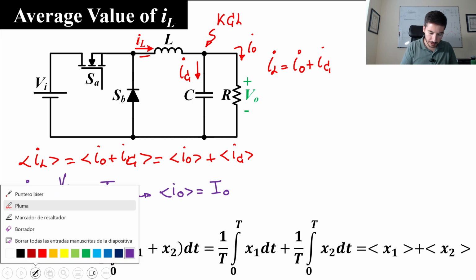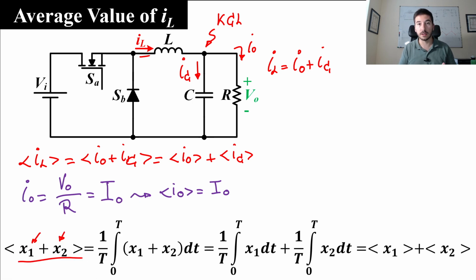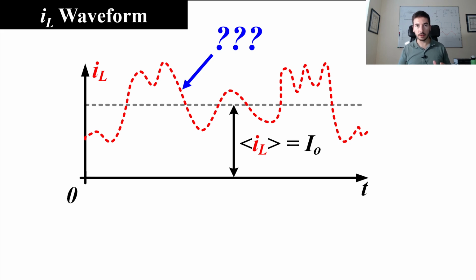And the second point is that since we are in steady state conditions, the average current through a capacitor is zero. So the average current through the output capacitor of our buck converter is zero. In this way, the average current through the inductor of a buck converter is the load current, the output current. Okay, so until now, we know the average current that we have through our inductor, but we don't know, let's say, the shape of the waveform.